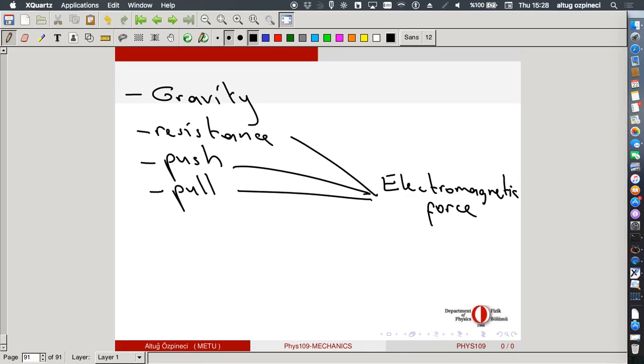The resistance is also basically when you move an object in air, when you drop this piece of paper in air, there is an air drag force exerted on this, but the main reason for the drag force is that the atoms making the air, they collide with the atoms making this paper.